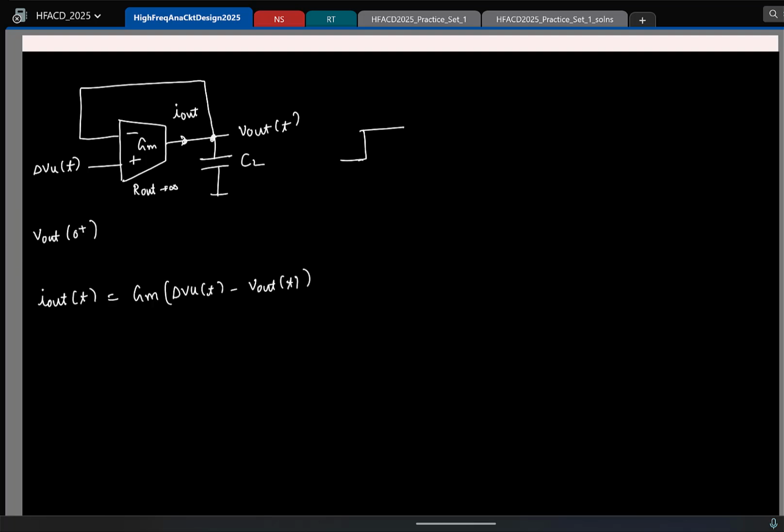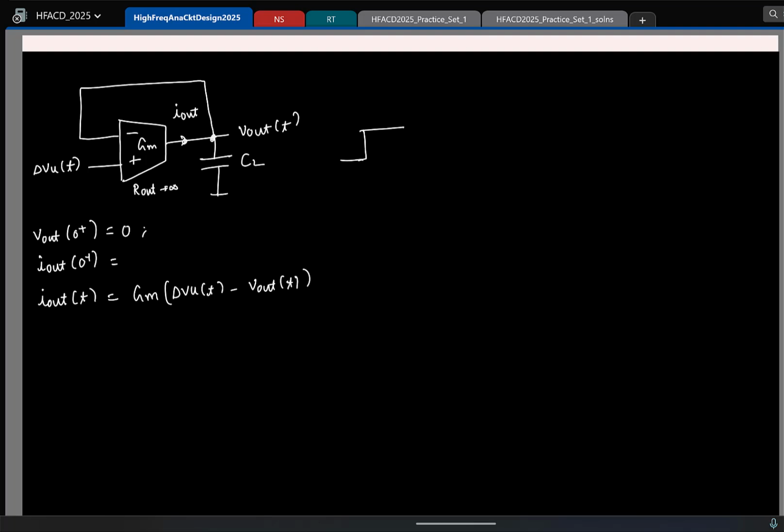So what is V out of 0 plus then? It is 0, assuming that it was initially uncharged. Okay. So then what is I out of 0 plus? From here, what is I out of 0 plus?